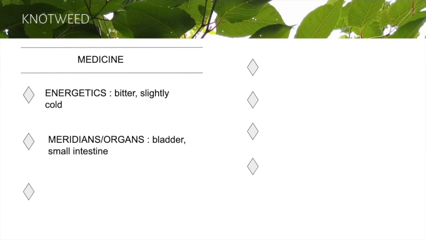If you think about your bladder and the small intestine, these are the holders of our waste and are a part of the release and elimination process of our waste. And so knotweed, as a general, its medicine is to help the body release and eliminate.